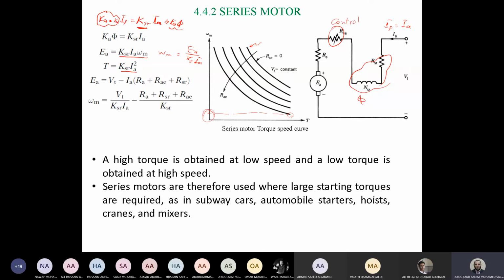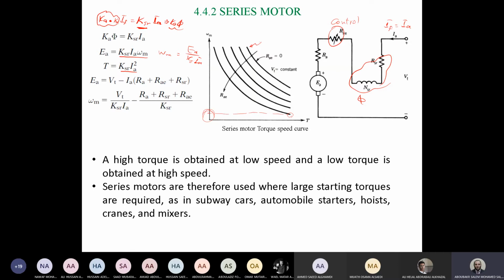So this is one of the important advantages of the series DC motor. Because we have some applications where we need high starting torque in order to operate the machine, and after that, once the machine is operating, the torque can be reduced. This is like cranes, cars, mixers, any kind of load that has high starting torque, and after that the torque can be reduced.